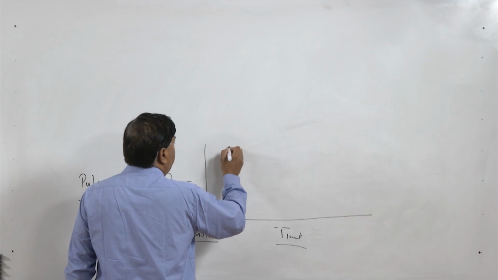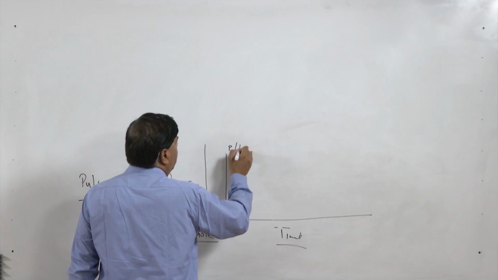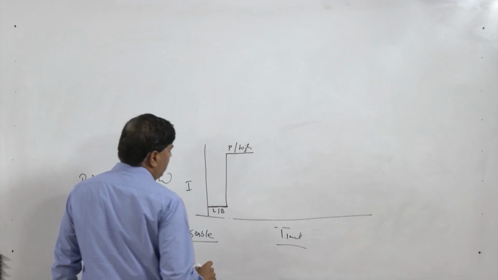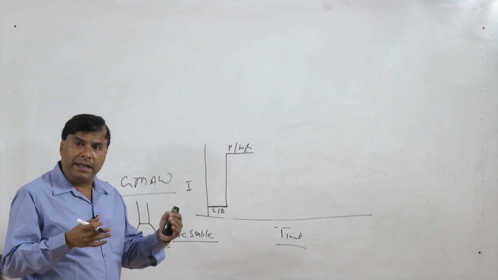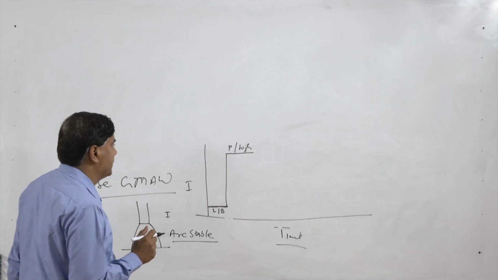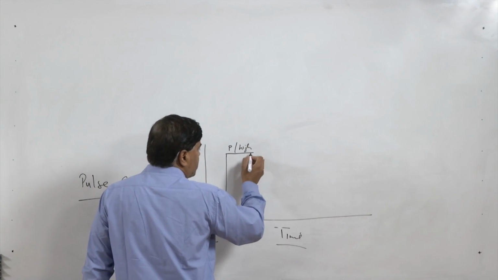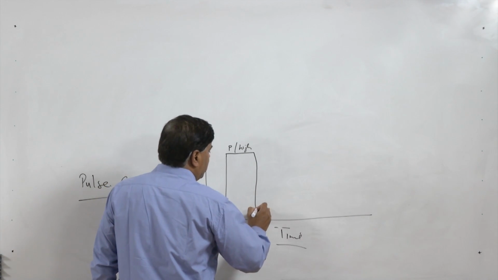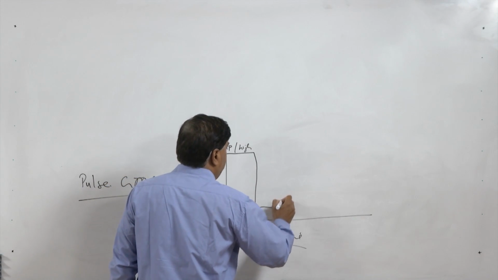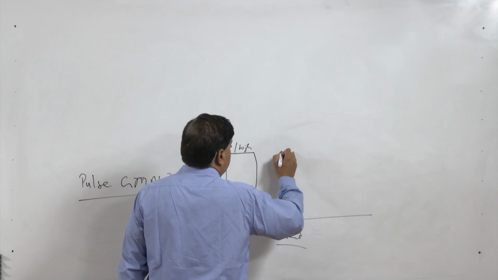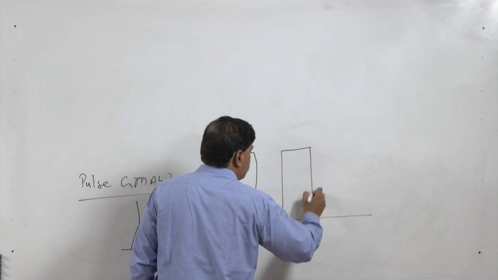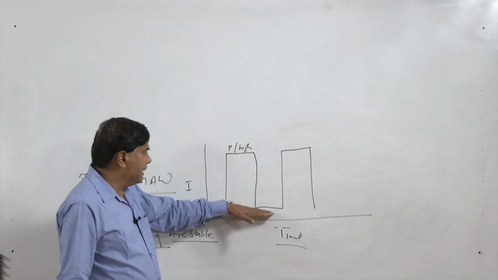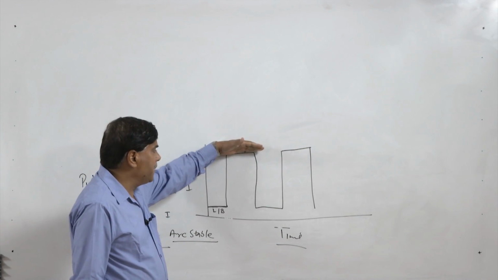This is called the peak current or the high current value. The peak current will generate the required heat for the melting of the faying surfaces and of the base metal, and then again it is brought to the background current level. This is how the cycle is maintained: background current, high current. So the current is pulsated between the background current level and the high current level or peak current level.